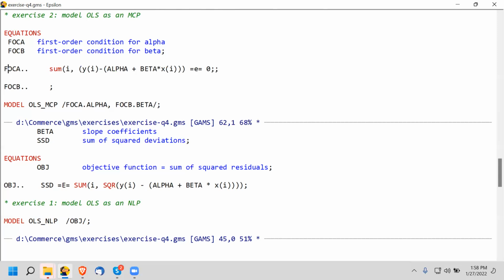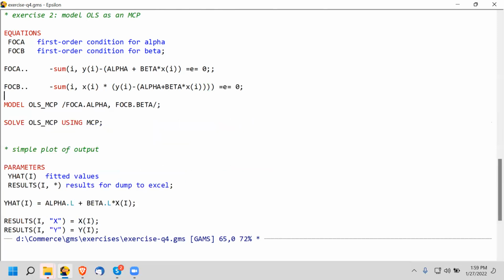That's the first derivative. And then for beta, it's minus the sum over i of x of i times y of i minus alpha plus beta times x of i, and that's got to be equal to 0.